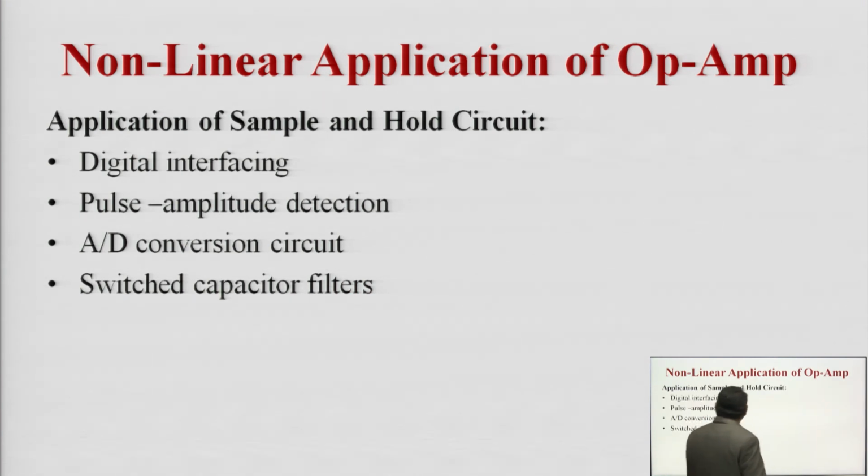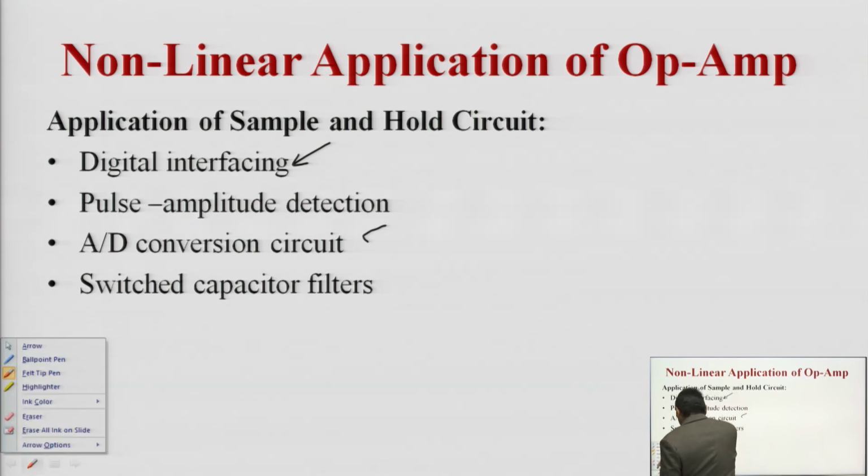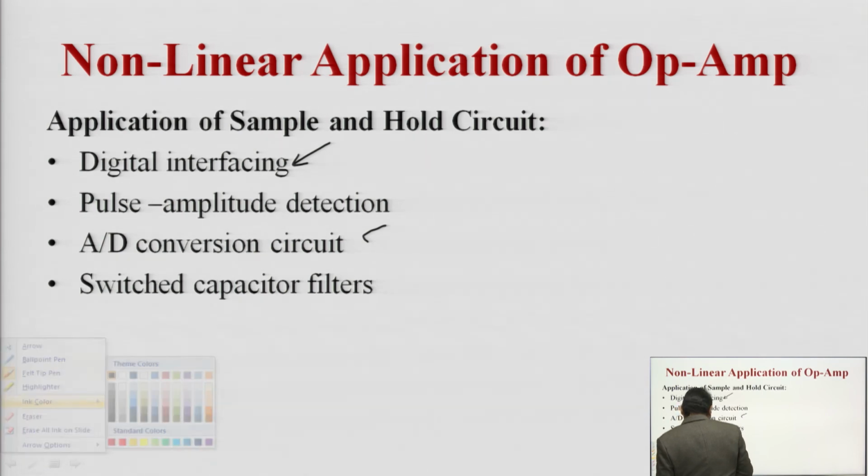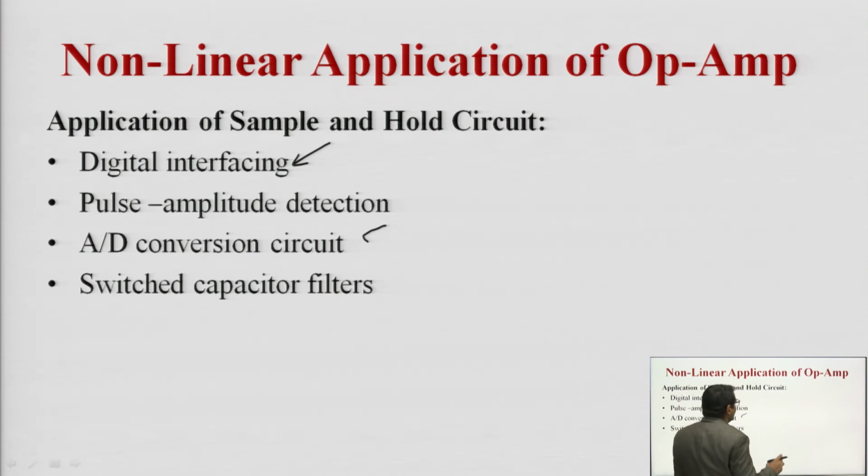Okay. Now, next one is the application of the sample and hold circuit. It can be used in many circuits, it is broadly used in communication systems, for example pulse amplitude detection, and it is used for digital interfacing, where digital interfacing means it can be used for quantization.